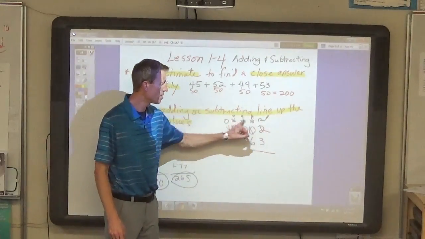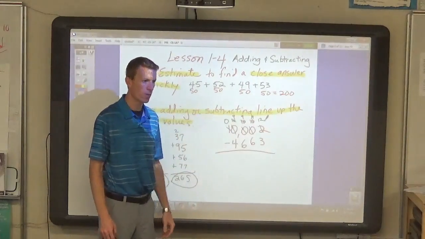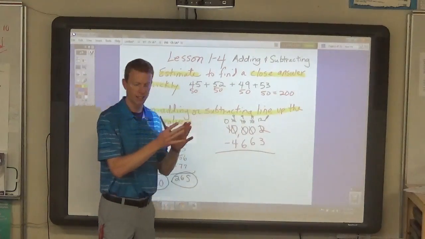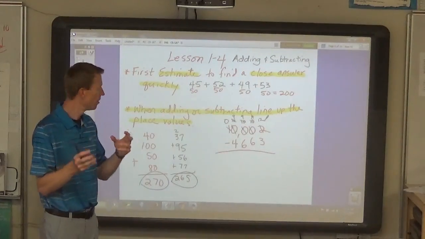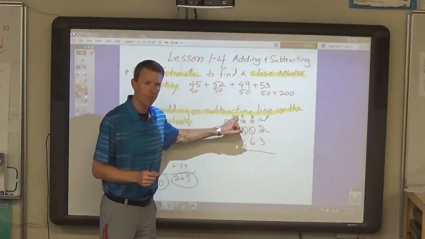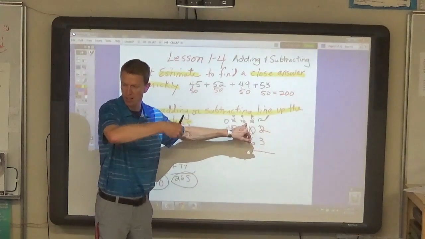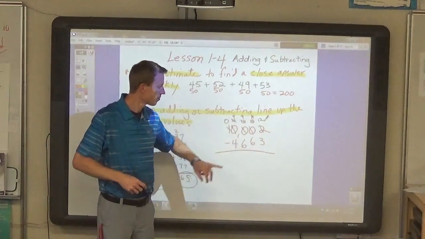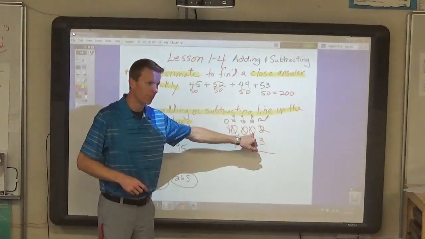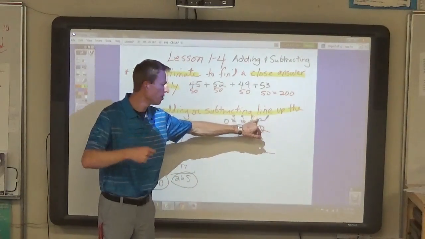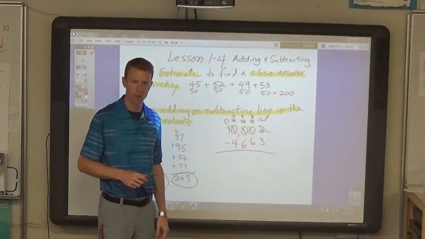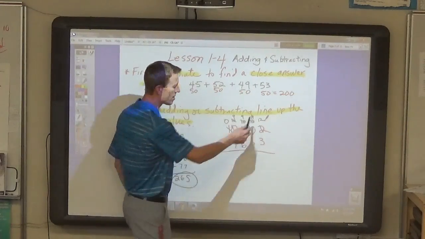So each of these, we have to take one away from each of the places, break it up, and give them to the previous place. So instead of 10 tens, we have 9 tens, and we gave that other one to the ones. Right? Now we can subtract.